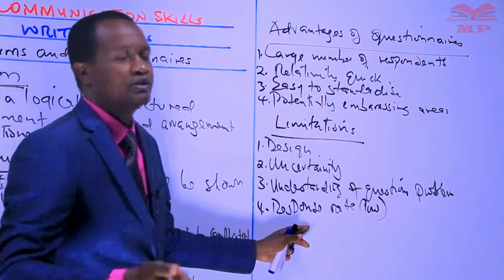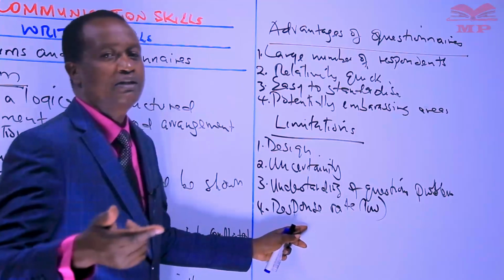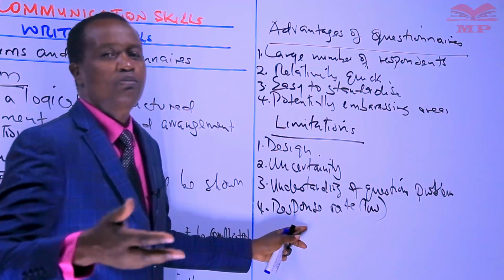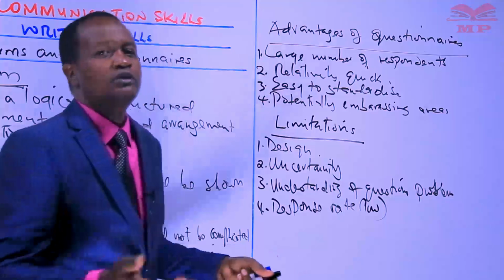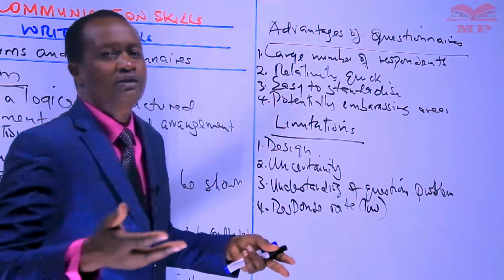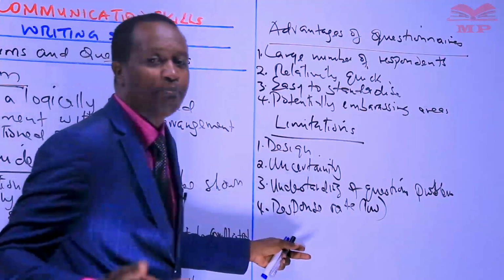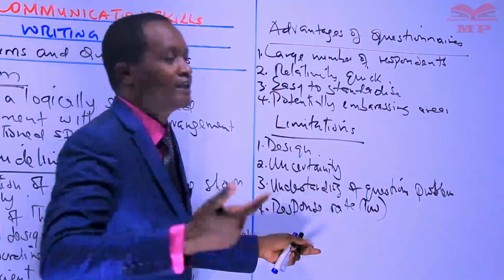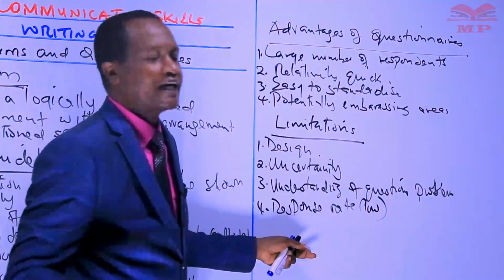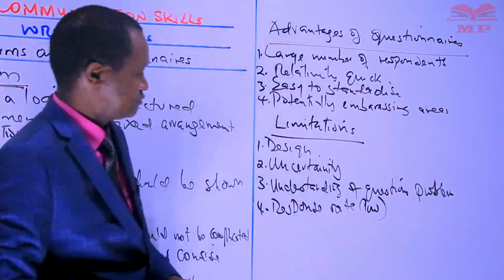So a 20 to 25% return of questionnaires is probably something that most researchers would happily settle for. And that may mean that a carefully designed sample becomes unrepresentative of the target population.